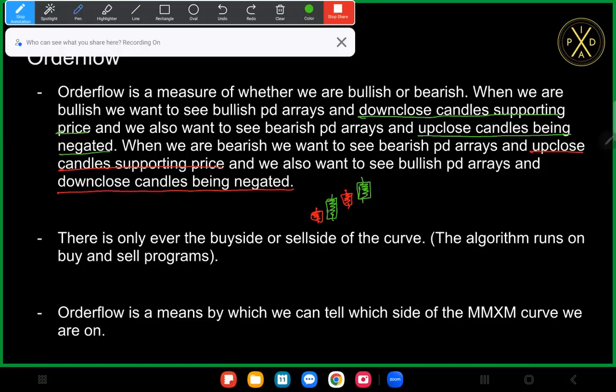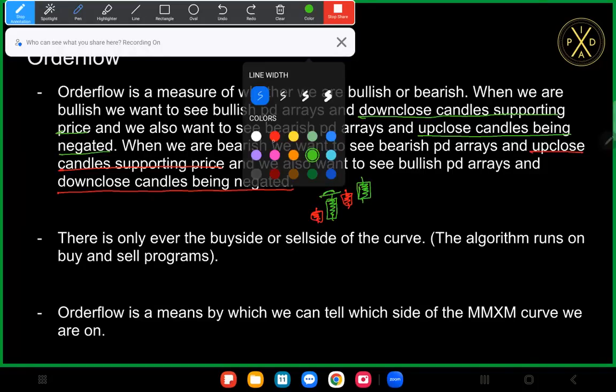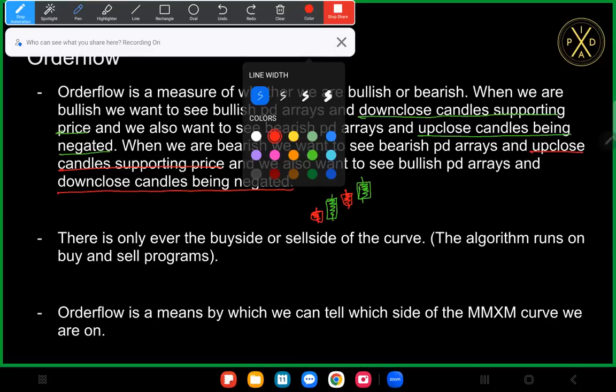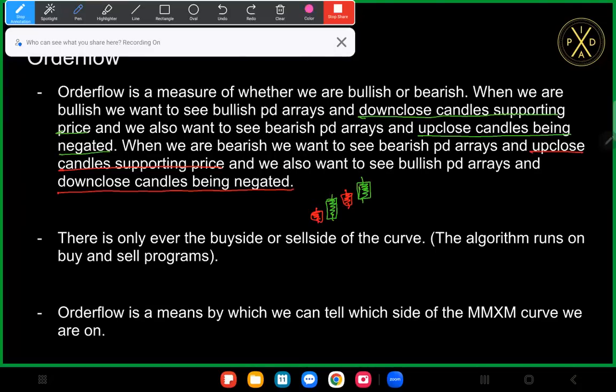All right, so these up close candles should want to get taken out, but these down close candles should want to be respected. Now, why is that? Let's talk about the why, because there's always a logic behind why we should have this anticipation. And the reason for that is because these down close candles actually become balanced price ranges in a fractal sense, right? So what's happening as these down close candles are forming?